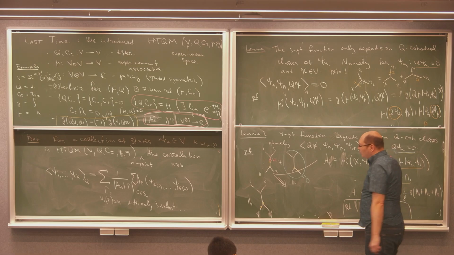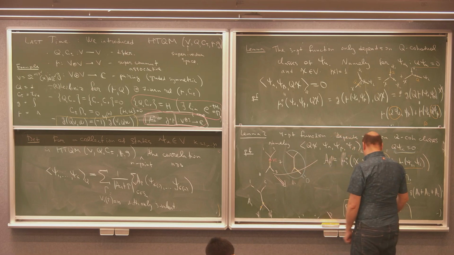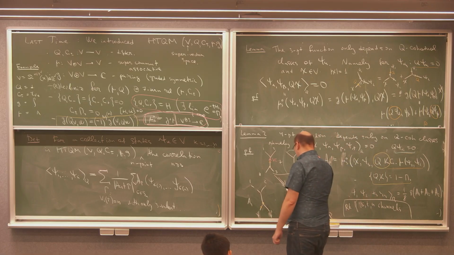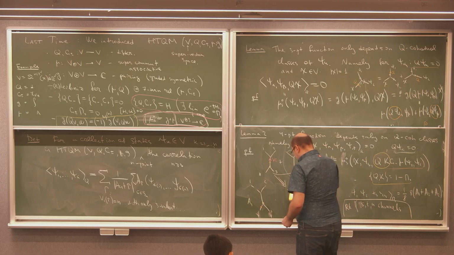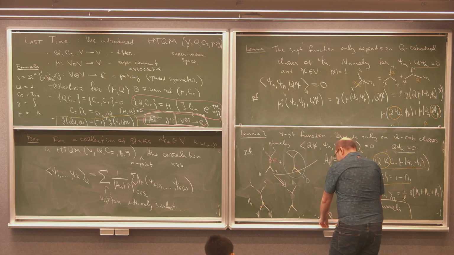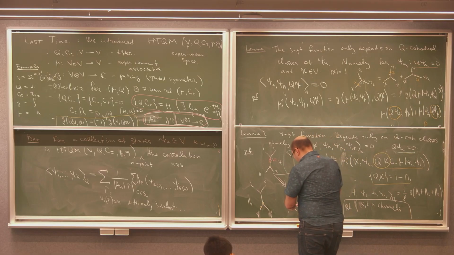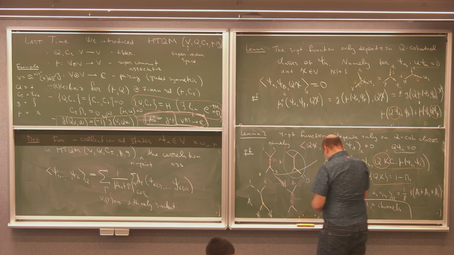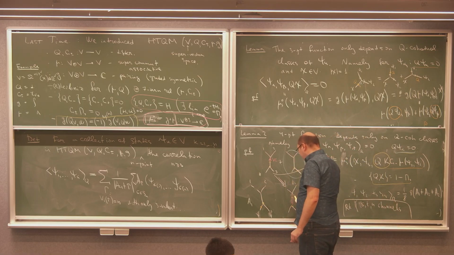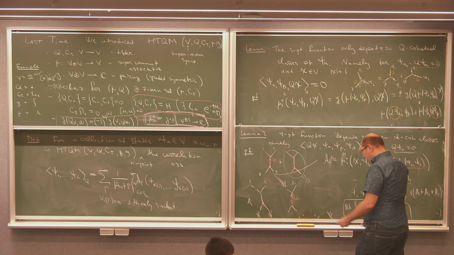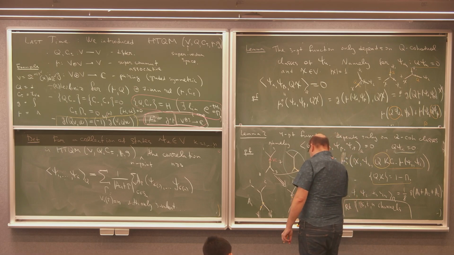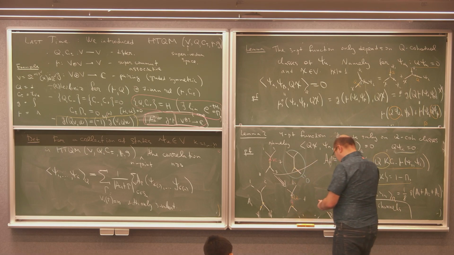So I can commute Q through K G minus, and I will get 3 contributions. There will be a contribution like this: Q acting first, and then we act by K G minus. So here we have Q K G minus, and here we have K G minus Q. Then there will be 2 more contributions.